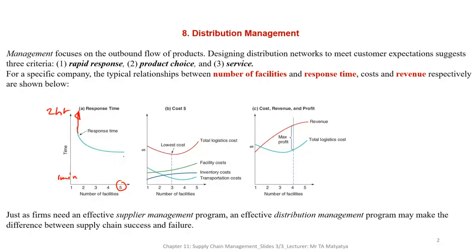More facilities, okay, yeah, more facilities, we're going this direction, and our graph is going down. What is it saying, this thing? This is time to respond. There's more facilities.